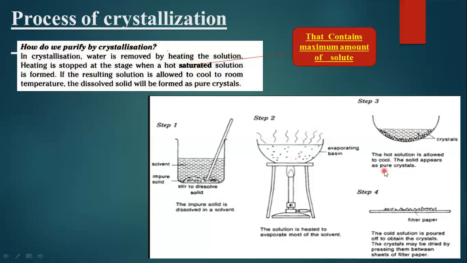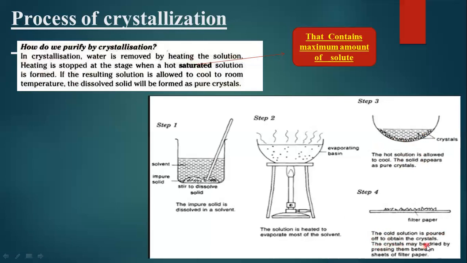After cooling of the hot saturated solution, we will observe that the solid crystals of the pure solid begin to form. And in the last step, the cold solution is poured off to obtain the crystals.